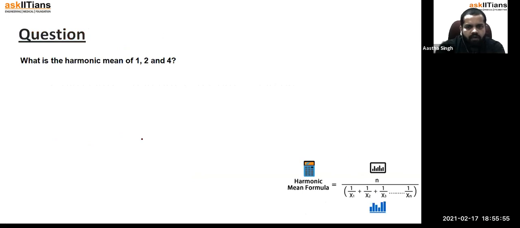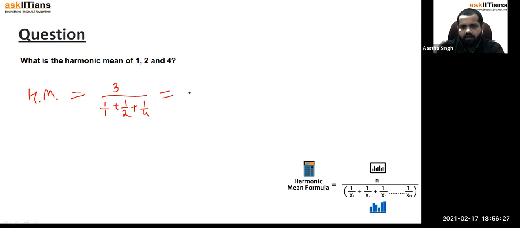So let us do a question based on harmonic mean: 1, 2, and 4. We have to write the harmonic mean of 1, 2, and 4. For harmonic mean, first take out how many numbers are there. Three numbers are there, so harmonic mean will be equal to 3 divided by the sum of reciprocals of all these numbers, 1 by 1 plus 1 by 2 plus 1 by 4, right?